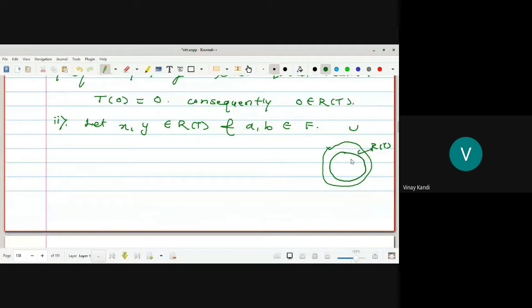and this one is V, and T is the mapping from V to U. If X and Y belong to R of T, that means there exists a pre-image, such that there exist two elements. Suppose those elements are x dash and y dash. By the definition of range space of T, every element in the range space of T is of what type?